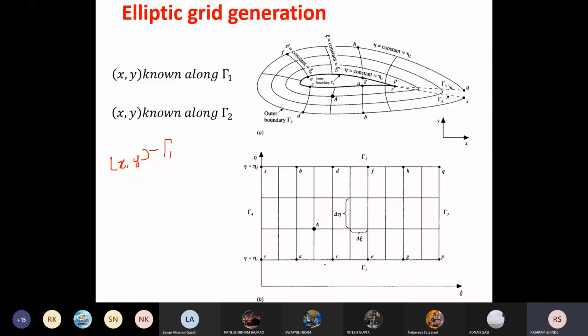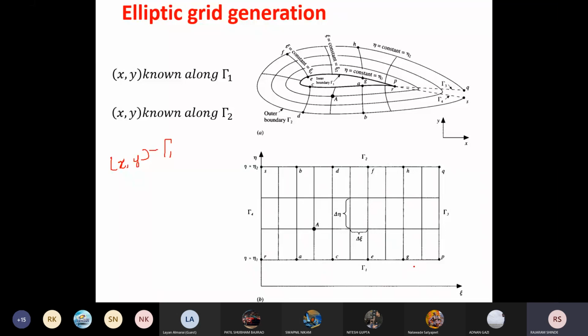Now for any given point, this value of gamma 1 is known. Gamma 2 is also known, because gamma 1 is arbitrary, and gamma 2 is an arbitrary loop around the zero.